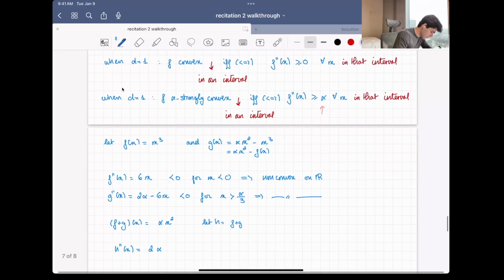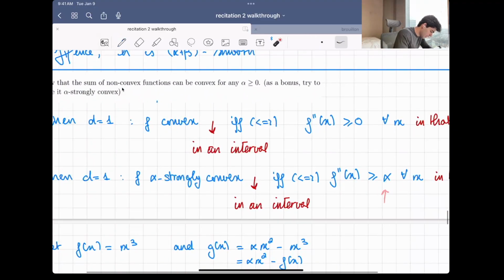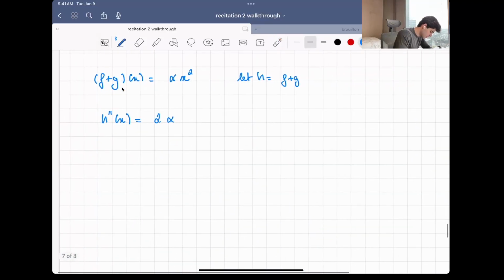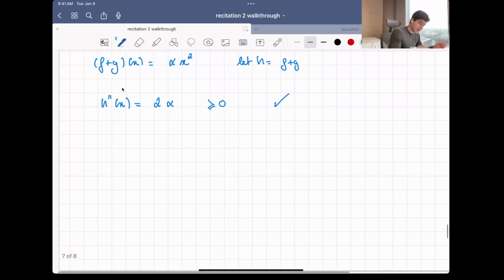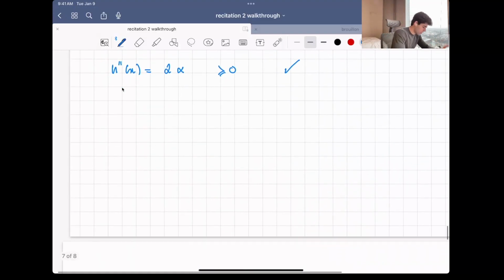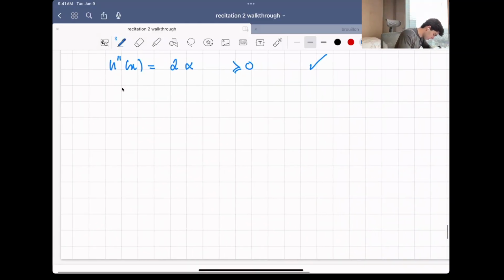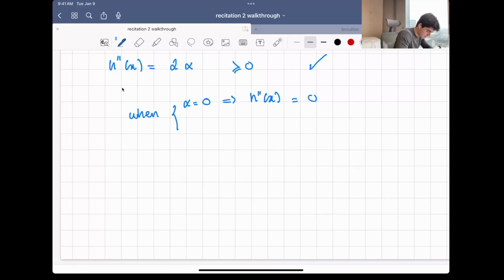Well, in the question, we know alpha is bigger than or equal to 0. So this is going to be greater than or equal to 0. So we're good, this is convex. Is this alpha strongly convex? We have two cases. Alpha equal to 0 implies h prime prime of x is equal to 0 always.